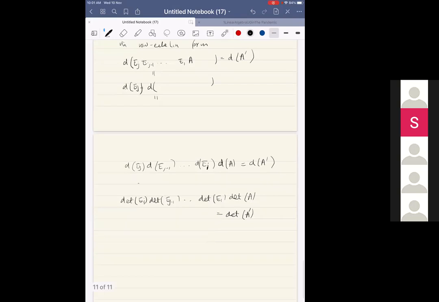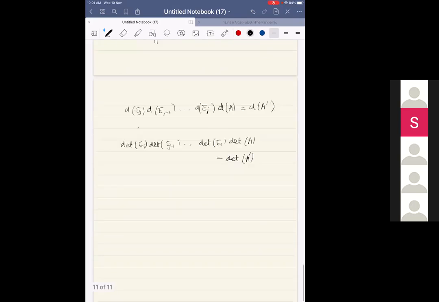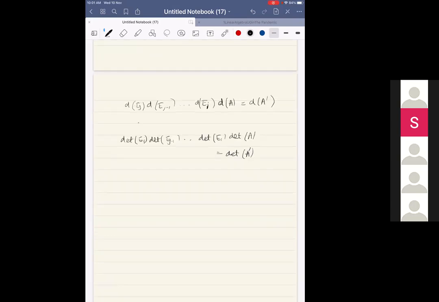But now we can reap the fruits of our labors, namely the theorem: det is multiplicative, i.e. det of AB is det A times det B.